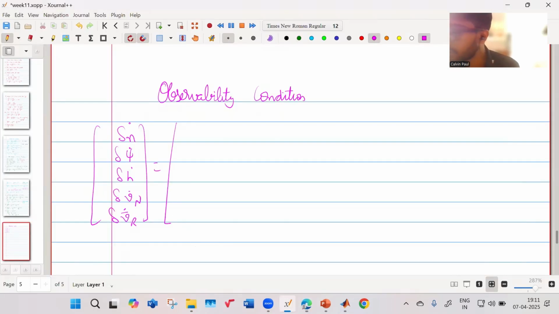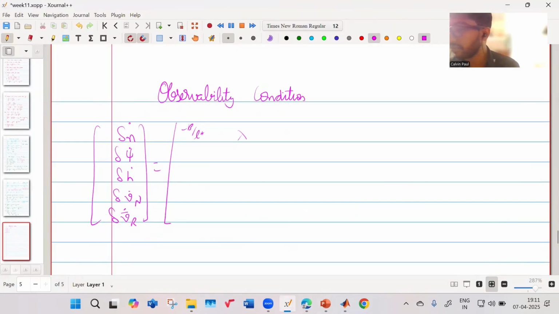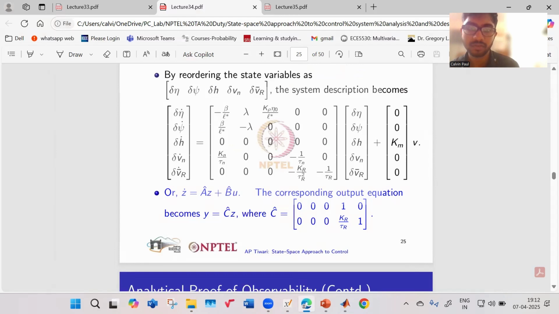minus beta upon L star, lambda, Cp, into eta naught upon L star. Let us write it in a better format.